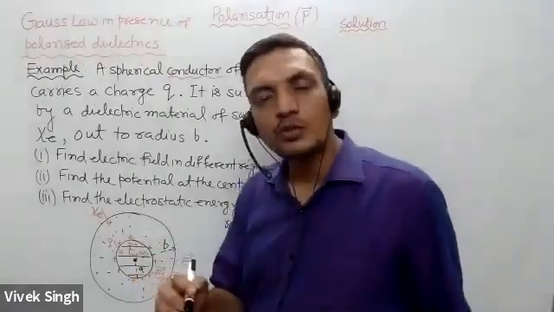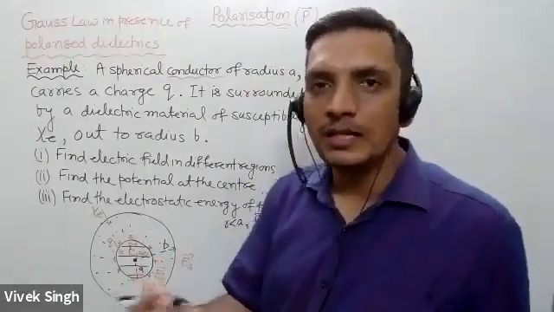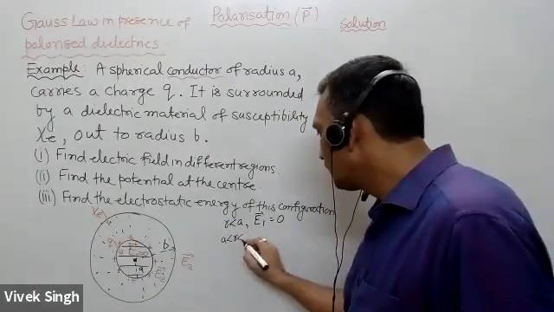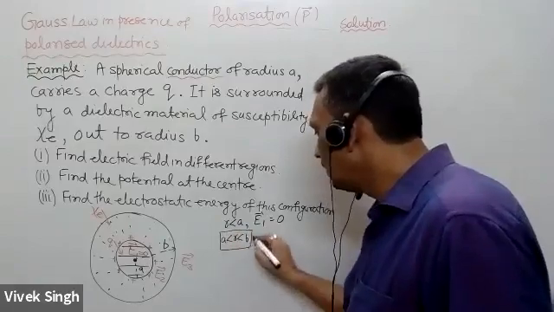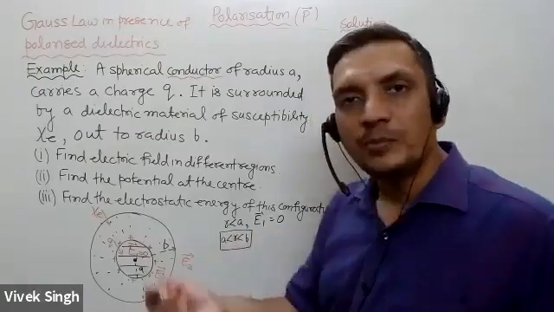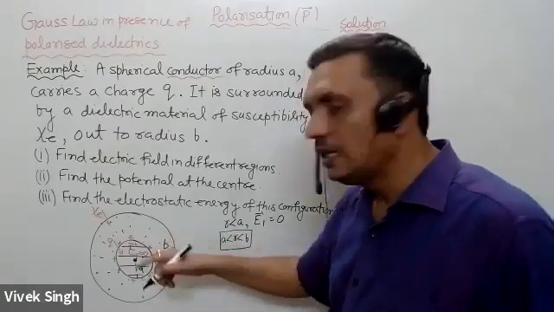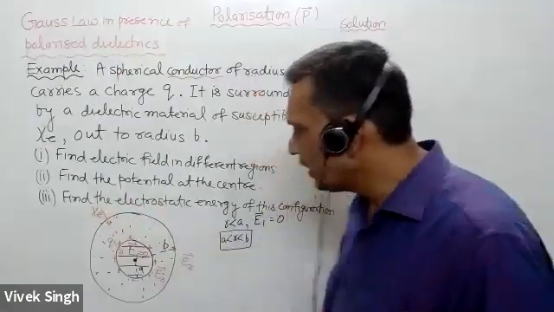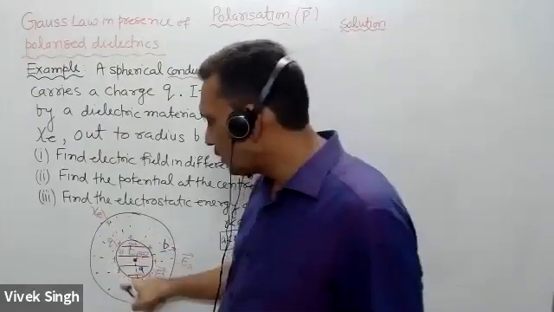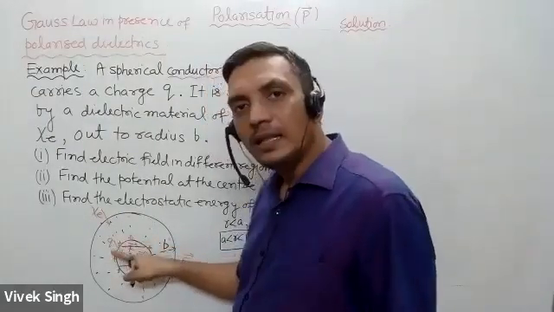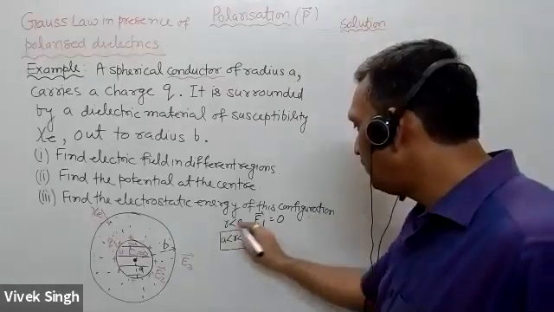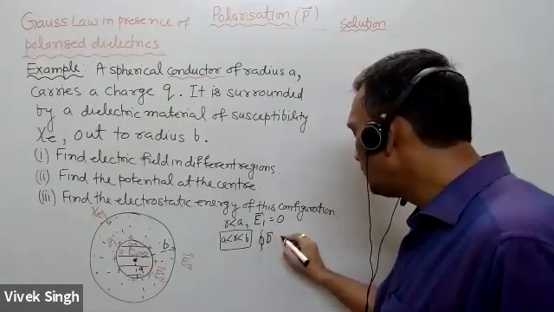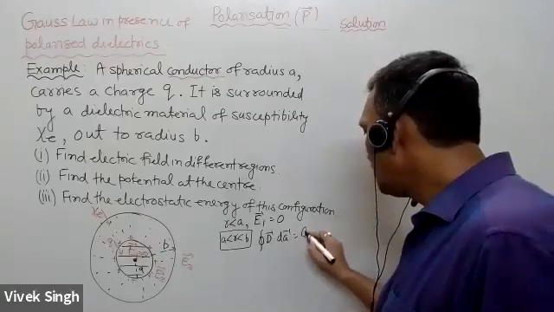So in region 2, you have to use Gauss law in presence of polarized dielectric. So from A to B, use Gauss law in presence of polarized dielectric. You have to use closed integral D dot dA equals free charge enclosed. And if you draw a Gaussian surface, you will get the free charge enclosed.